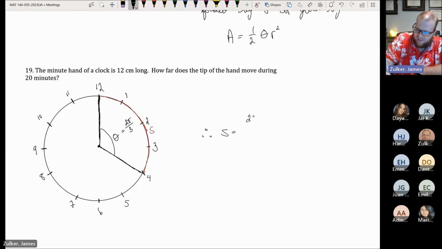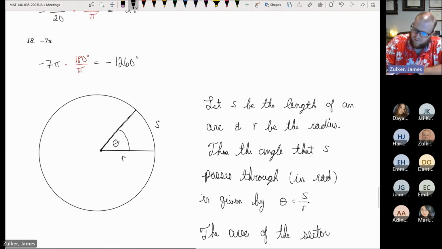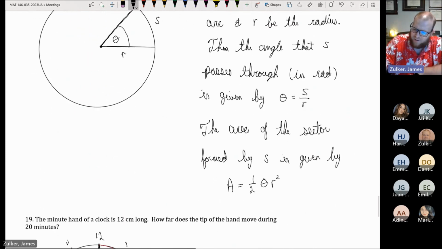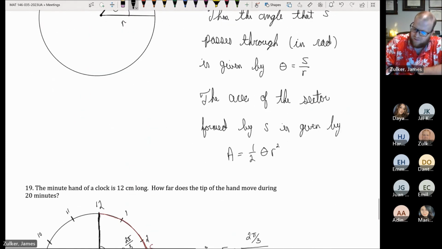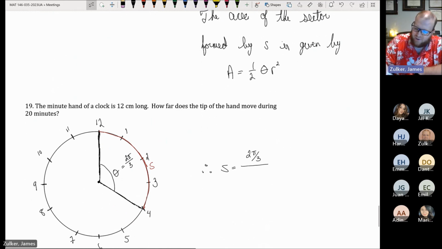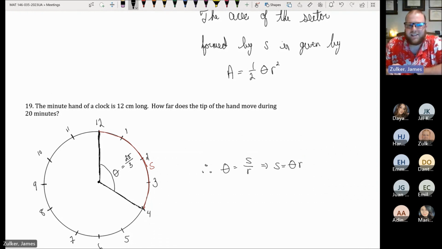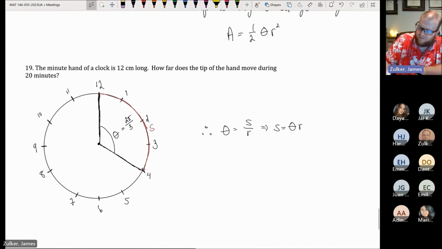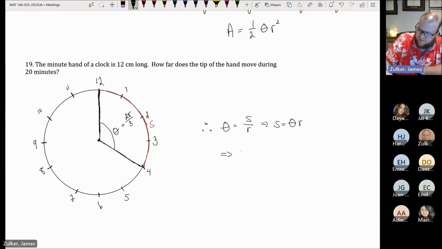Theta is S over R, sorry. That means S is theta times R. Theta is 2 pi over 3.